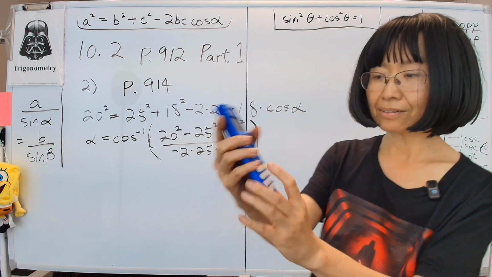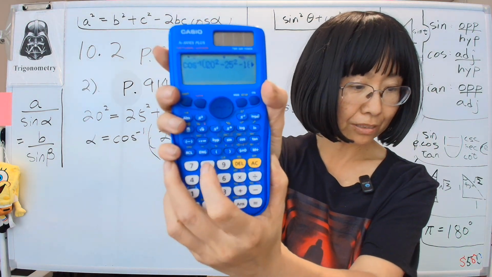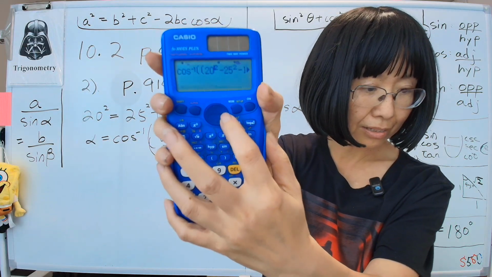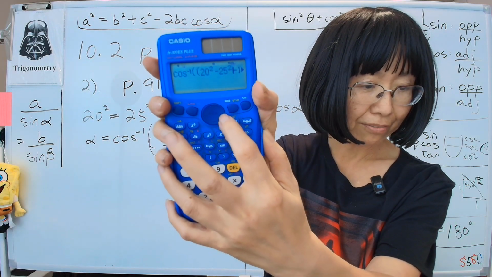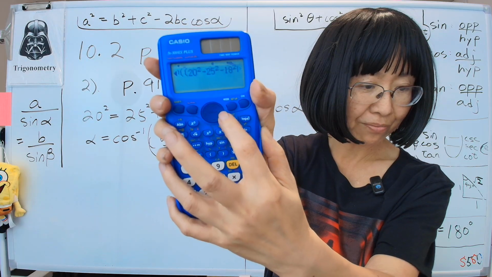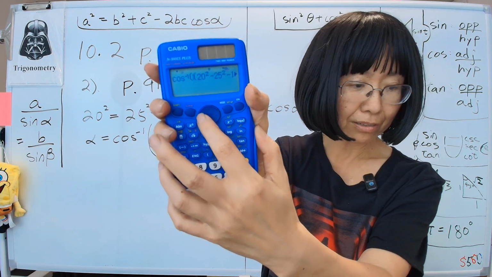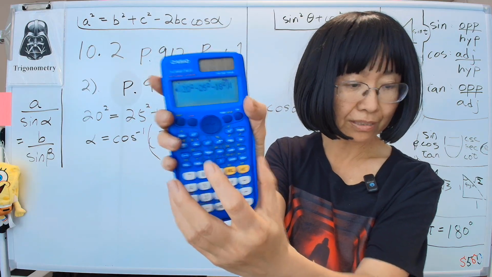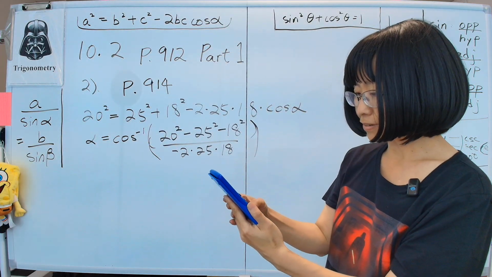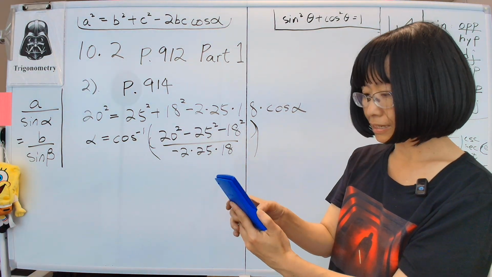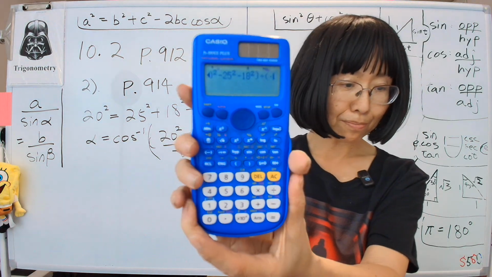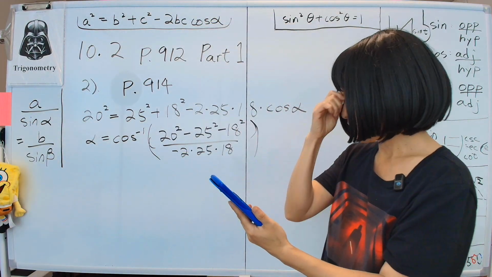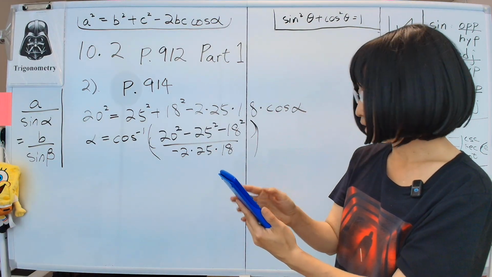I move back to where my cursor was, add another parenthesis, and get back out so that I have enough parentheses. Now I can close the parenthesis and do the division, divided by parentheses negative. The denominator I will also put in parentheses, just to be clearer.